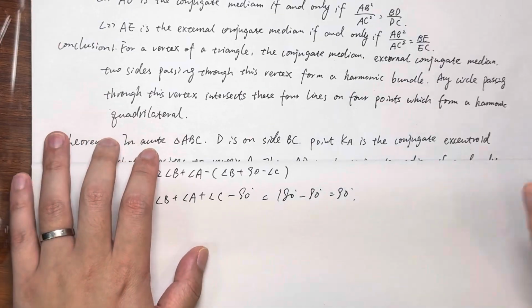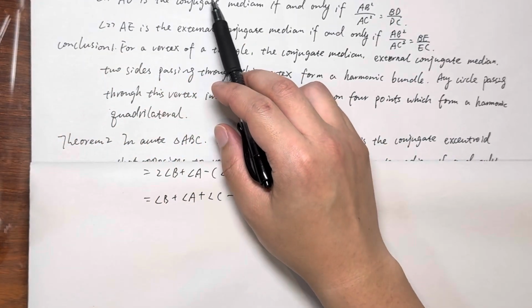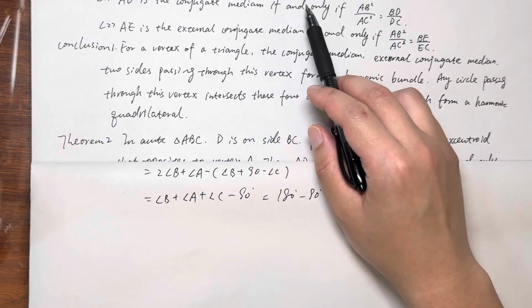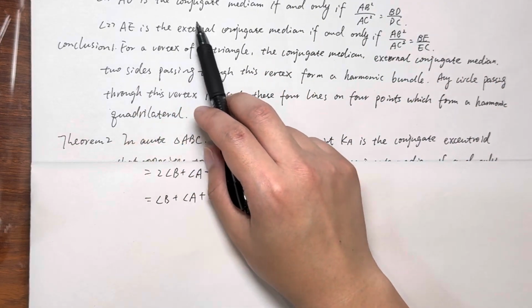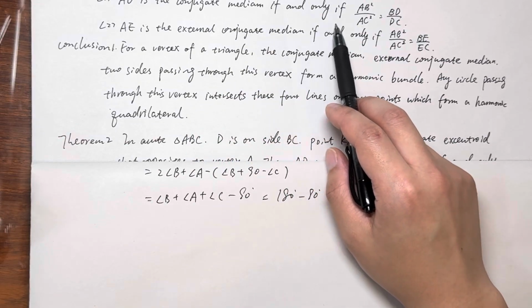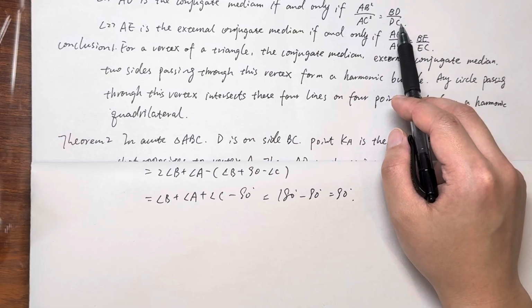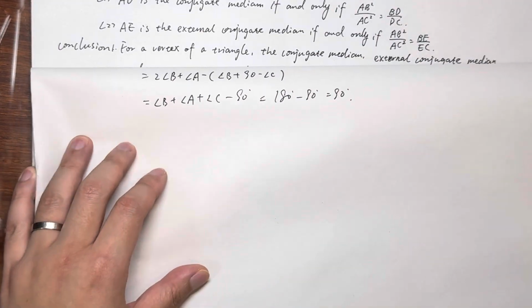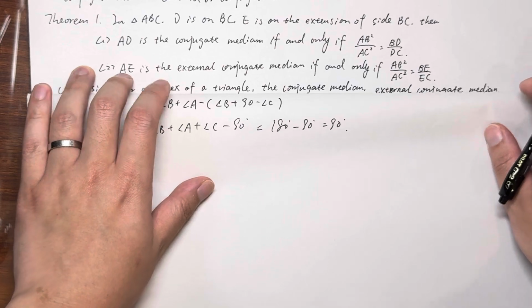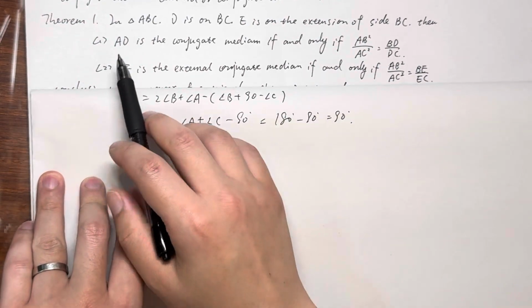See the first one here, the theorem one. In the triangle ABC, D is on BC, E is on extension of side BC. Then AD is a conjugate median if and only if AB squared to AC squared equals to BD to DC, right? Let me repeat this again.